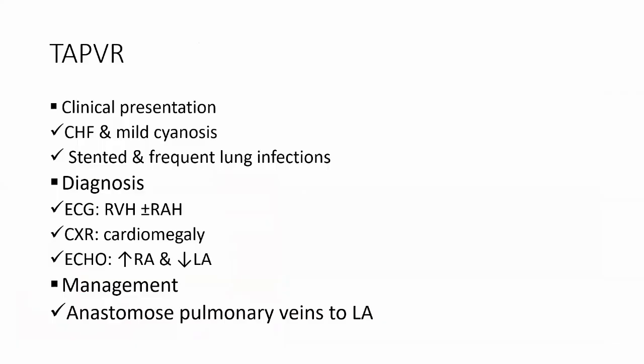Infants with severe pulmonary edema, ideally they advise that they should be intubated and heavily sedated or even paralyzed if necessary just before the surgery. And if the size of the interatrial communication appears small, immediate surgery is not indicated. Balloon atrial septostomy or blade atrial septostomy may be performed to enlarge this communication.